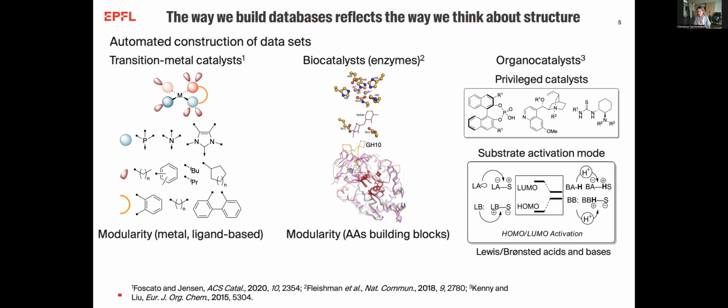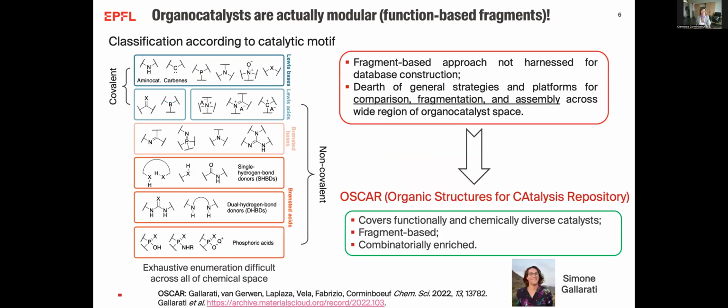The way people think of organocatalysts is to have a few privileged catalysts without really modularity or fragment components that could be reassembled. And they are also thought of in terms of substrate activation mode, meaning where is the catalytic activity coming from from the structural point of view, but no modularity.